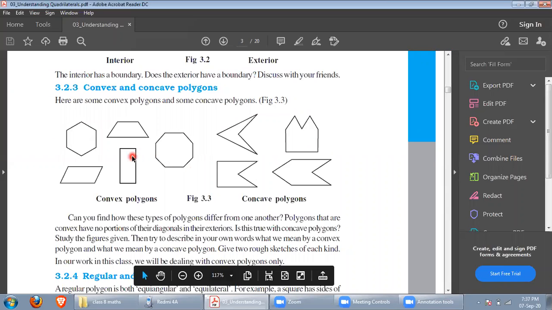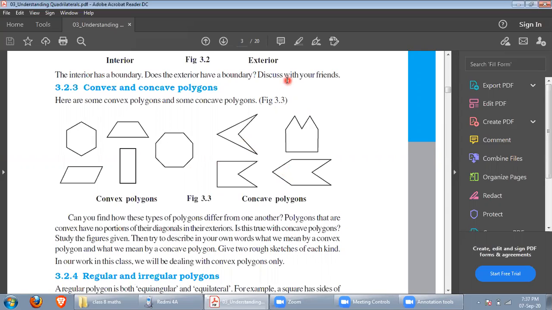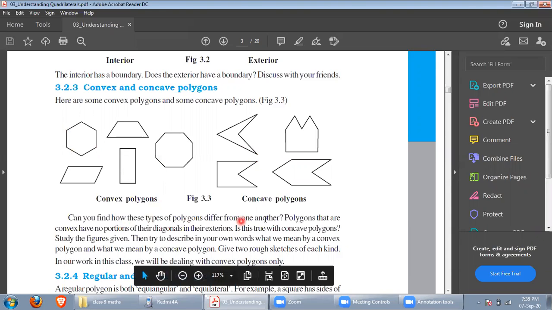When we see the KLMN quadrilateral, where one of the diagonals lies inside and one of the diagonals outside, this type is put under concave polygons, and for a convex polygon, all the diagonals lie inside the polygon. So can you find out how these types of polygons differ from one another? What are the differences you see?